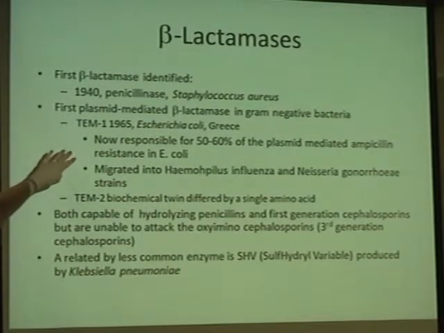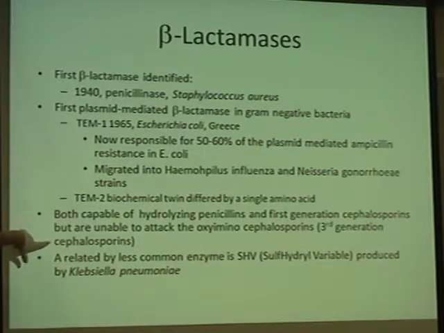It's now responsible for 50 to 60% of the plasmid-mediated ampicillin resistance in E. coli, and it has migrated into Haemophilus influenzae and Neisseria gonorrhoeae. The TEM-2 enzyme is a biochemical twin, and it's only different by one amino acid. Both of these are capable of hydrolyzing penicillins and first-generation cephalosporins, but are unable to attack the third-generation cephalosporins.